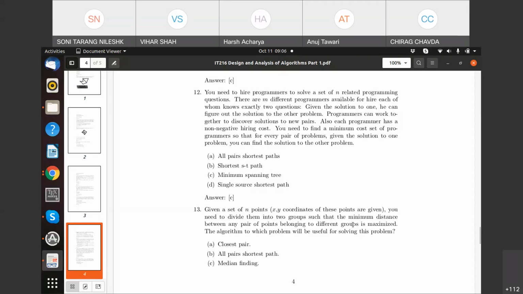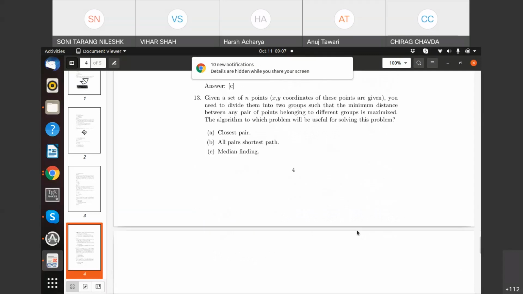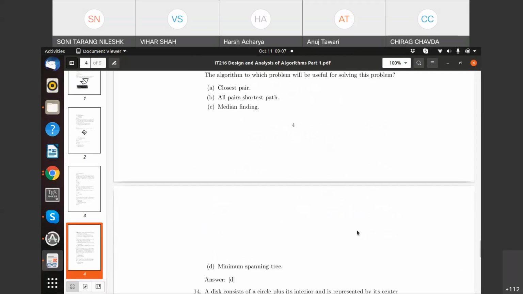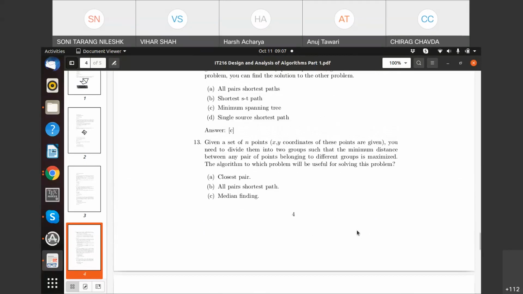So what we do is we delete the maximum weight edge from the spanning tree. And that's the way we can maximize the minimum distance between any pair of points. So it's another simple application of minimum spanning tree. So the answer is minimum spanning tree here.